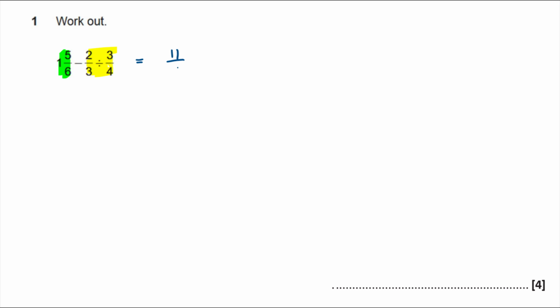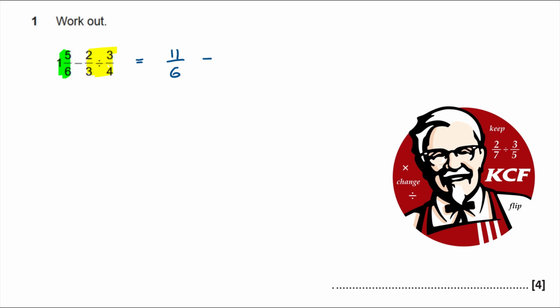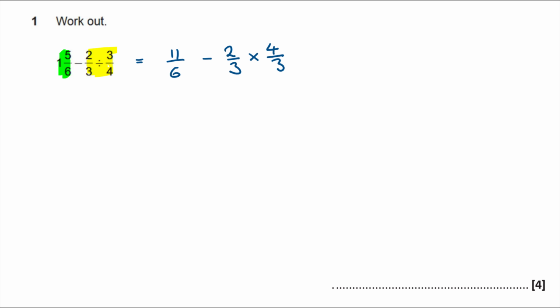So that is 11/6. Then we've got 11/6 minus... now when we're doing fraction division we use keep, change, flip, don't we? We keep the first fraction the same, change the divide into a times, and flip the second fraction over. So it becomes 2/3 times 4/3.